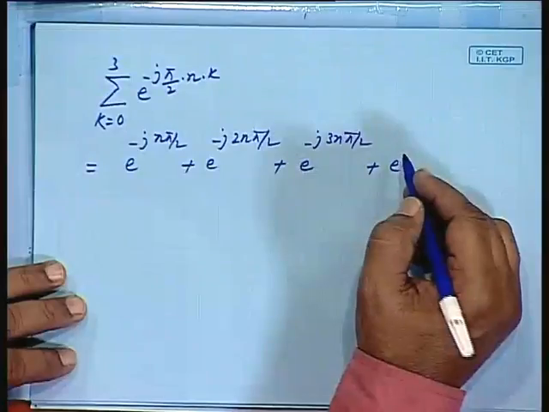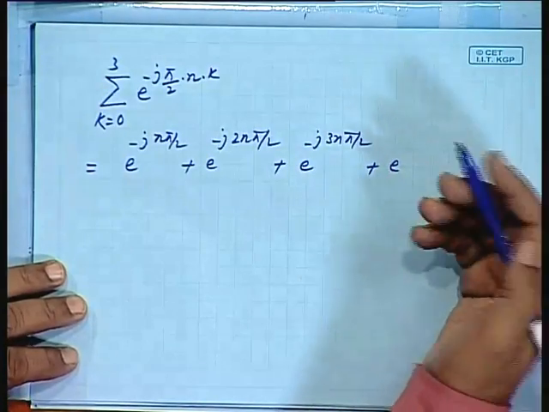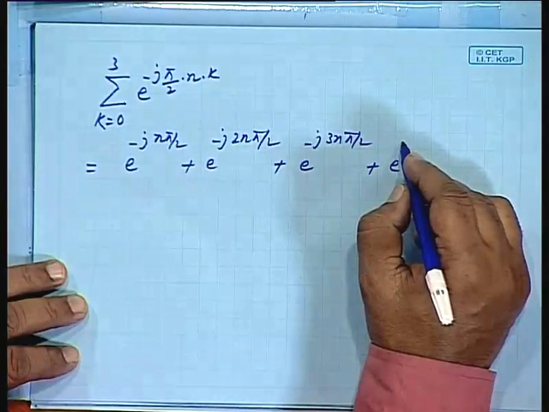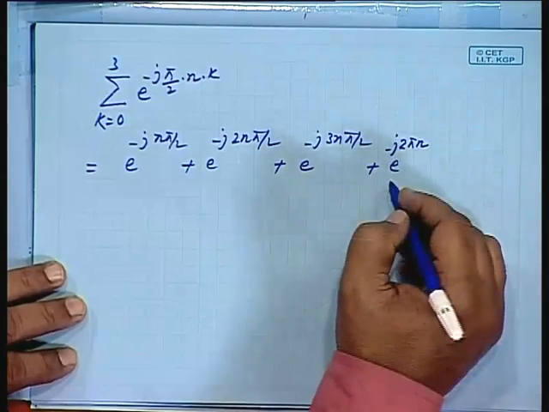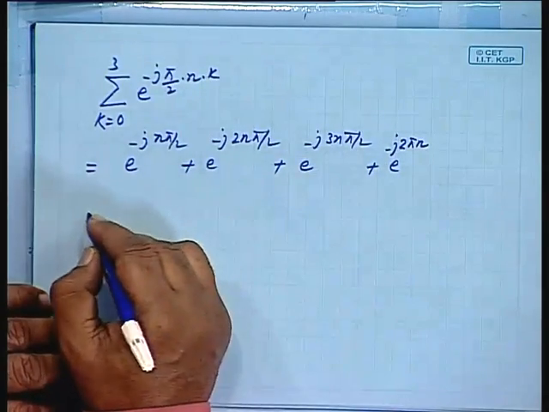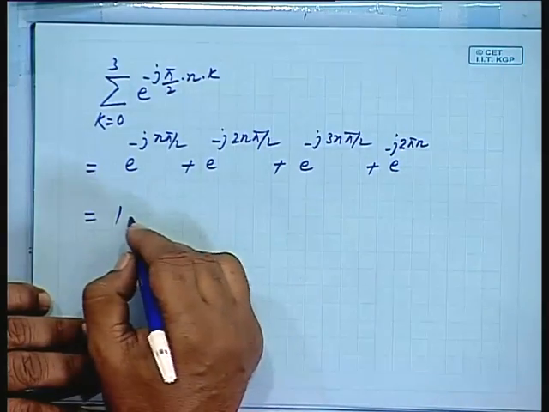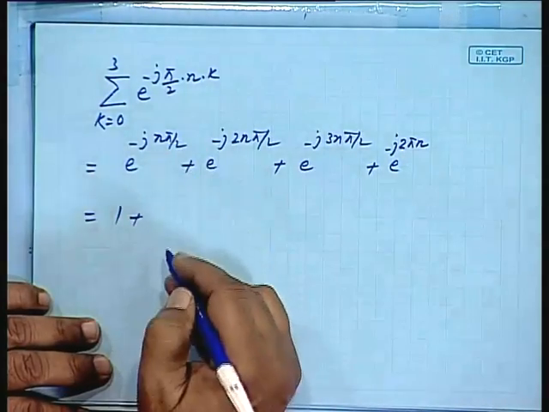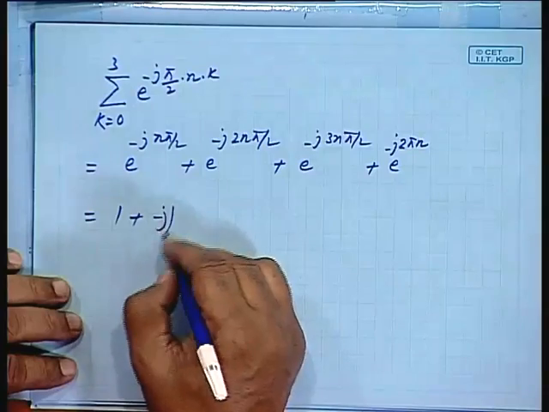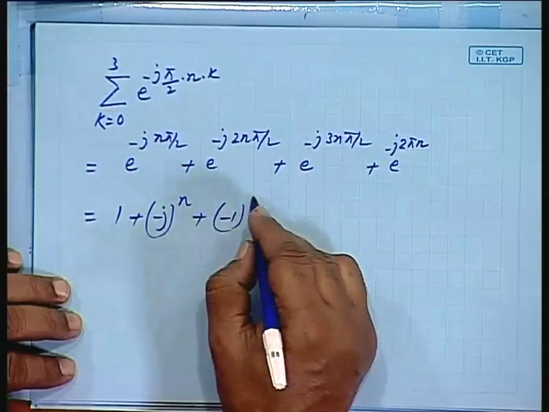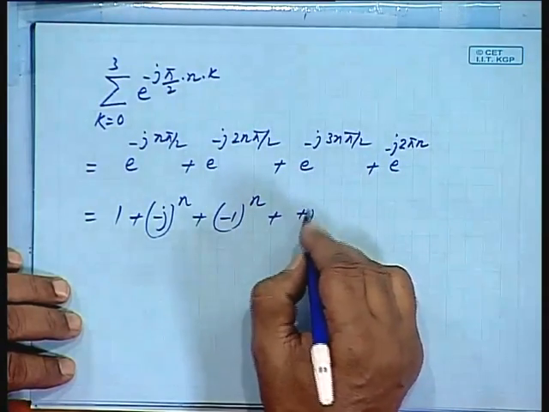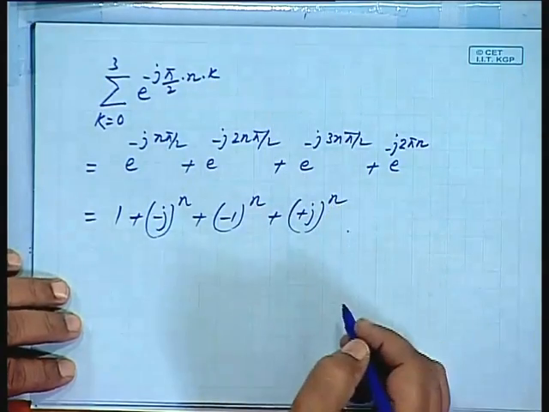Okay. So, basically it is a multiple of 2 pi, so it will be 2 pi n, which is 1. So, it is 1 plus e to the power minus j n pi by 2, that is minus j to the power n, plus minus 1 to the power n plus j to the power n. Correct me if I am wrong, is that all right?